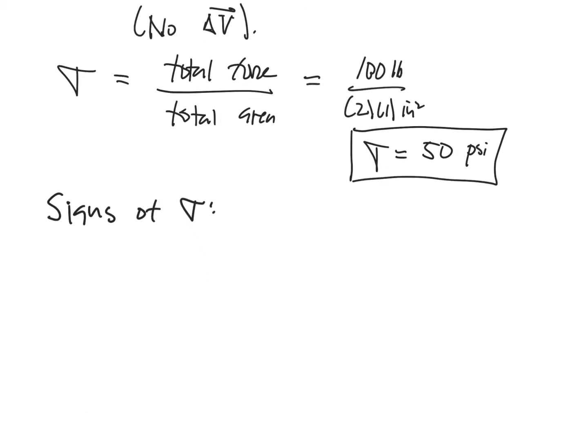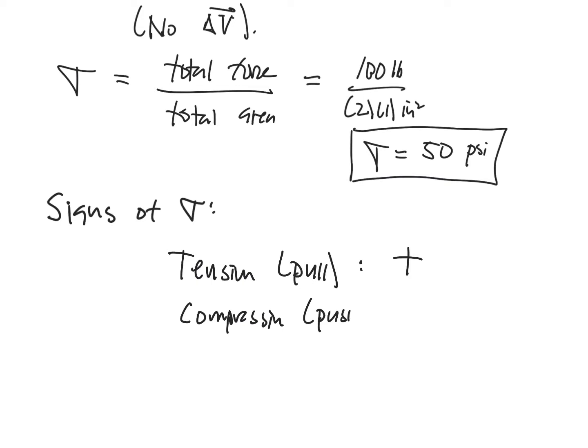If it is in tension, in other words, there is a pull on our face, it's going to be positive. If there's a compression on our face, in other words, a push, that is going to be negative.